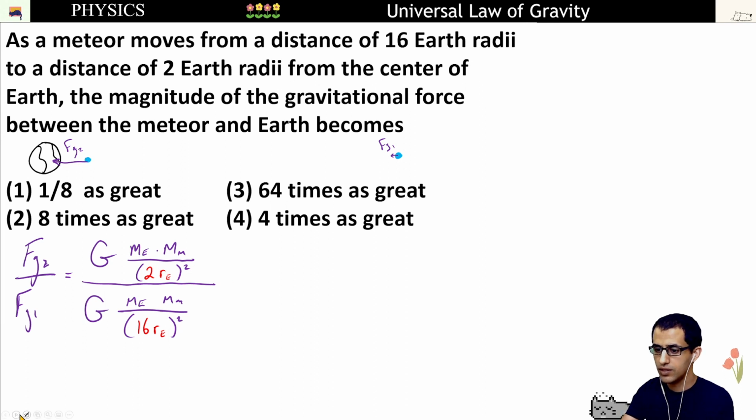And the answer to this is going to be the solution to our problem. So we can just cancel out everything here that's the same on both sides of the equation. Even RE squared is going to cancel out. So the answer is going to be 1 over 2 squared divided by 1 over 16 squared.